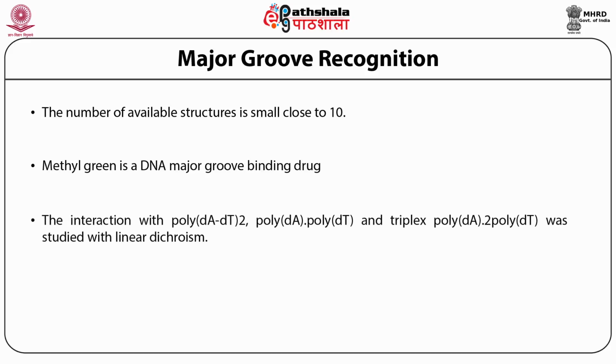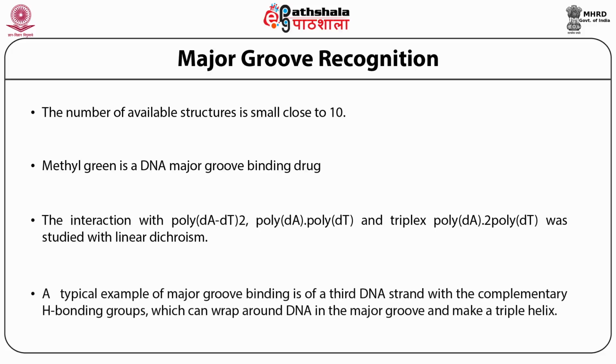The interaction with poly-dA-dT, poly-dA poly-dT, and triplex poly-dA 2 poly-dT was studied with linear dichroism. A typical example of major groove binding is a third DNA strand with complementary edge bonding groups which can wrap around DNA in the major groove and make a triple helix.